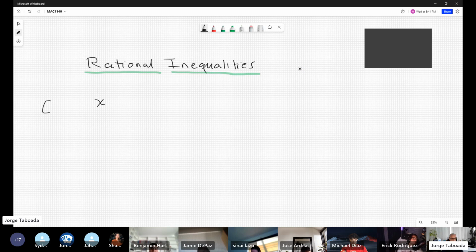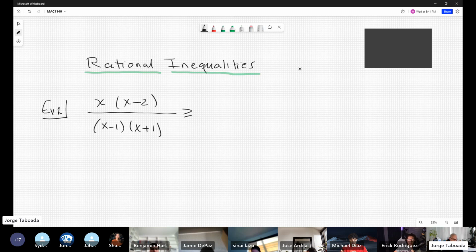Example number 1, rational, easy. x(x-2) divided by (x-1)(x+1), I put it artificially, mandatory, write it down, greater than or equal to 0. Suppose it's given this inequality. I need to solve it.